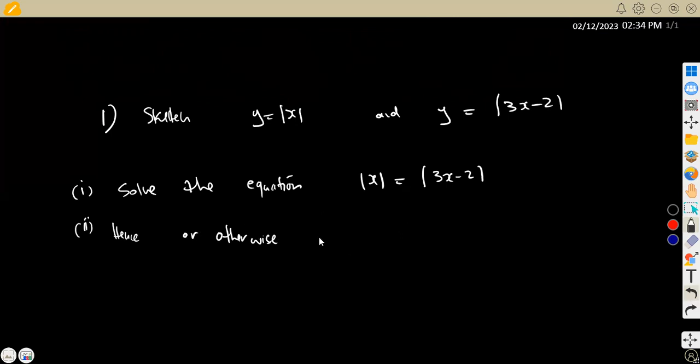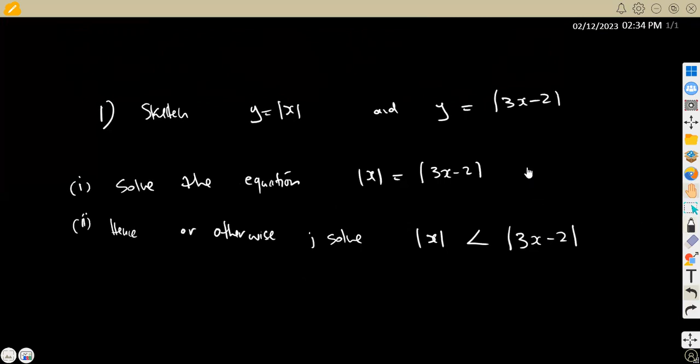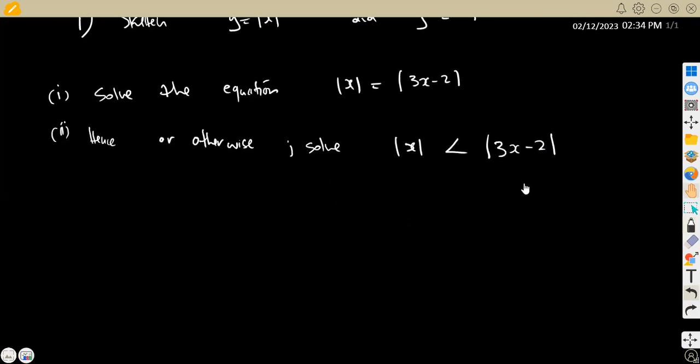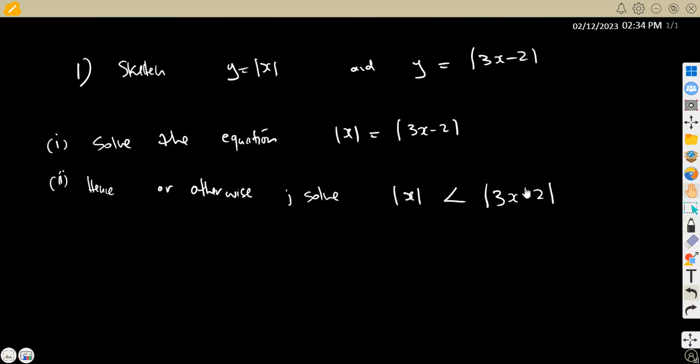So hence or otherwise, solve: the modulus of x is less than the modulus of 3x minus 2. So you just do the same way as what we did from that one. So this is the first question.